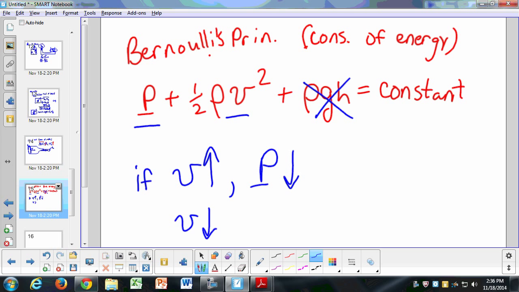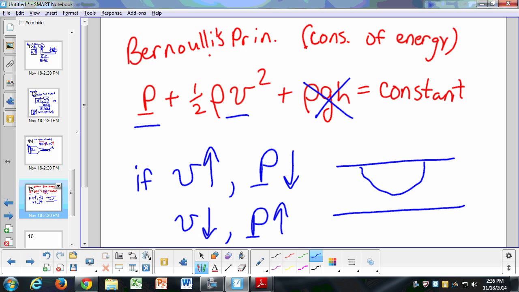If the velocity goes down, the pressure increases. And there were several conceptual questions in the quick test regarding this idea. For example, if you have an artery that becomes clogged, then you have blood flowing through here. Here, your velocity goes up, and so within this blockage, your pressure goes down. Right?